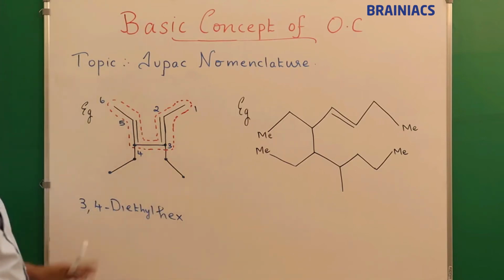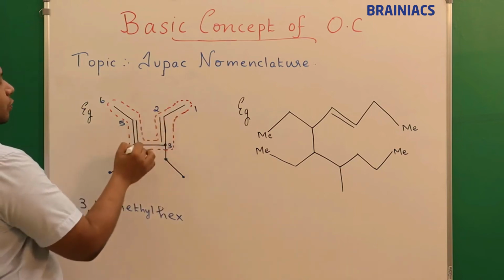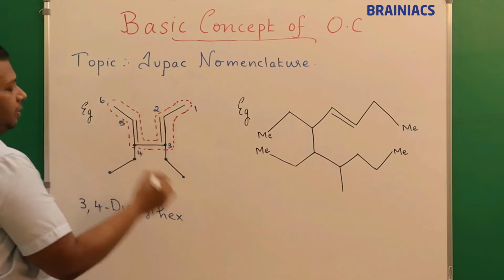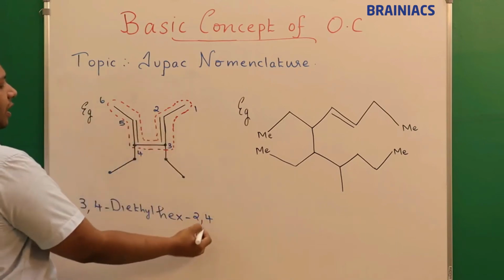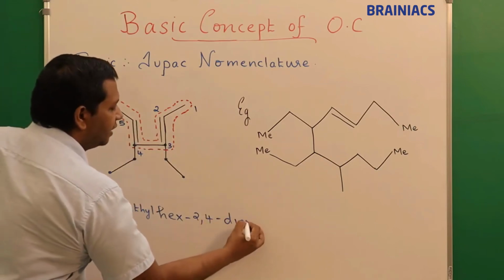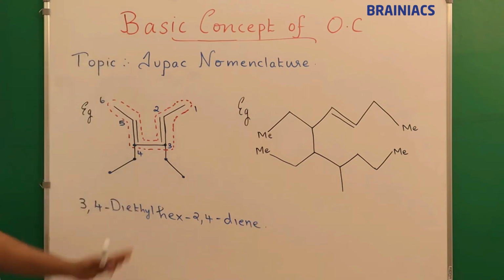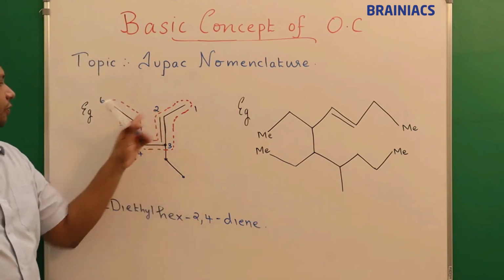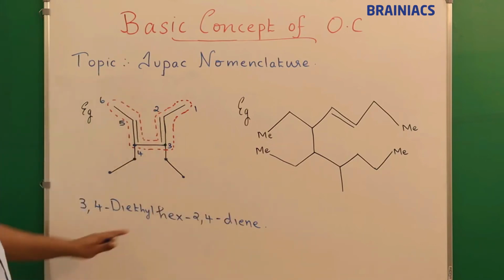Correct? Diethyl hex. And if you see at position 2 and at position 4 double bond is there, that is a minimum number. So hex 2 comma 4, since both are double bonds I am putting 2 comma 4 hyphen diene. So 3 comma 4 diethyl hex hyphen 2 comma 4 diene. Okay, so this is the way you need to name it.